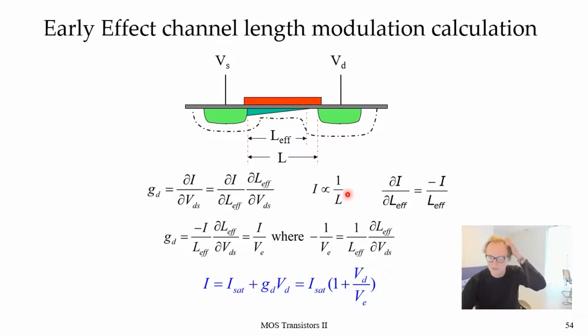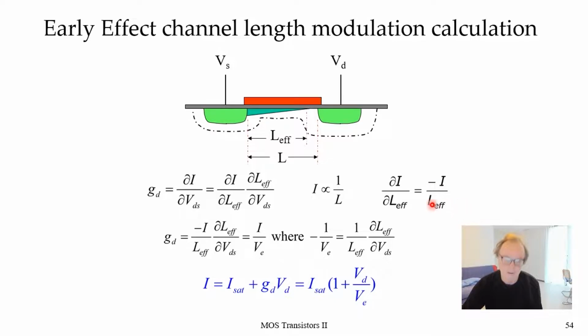Well, because if you differentiate this current with respect to 1 over L, then you get 1 over L squared, but 1 over L of that is already the current, because the current is proportional to 1 over L through either the electric field along the channel or the gradient density. So you already know from both basic transistor equations that dI/dL_eff is minus I over L_eff.